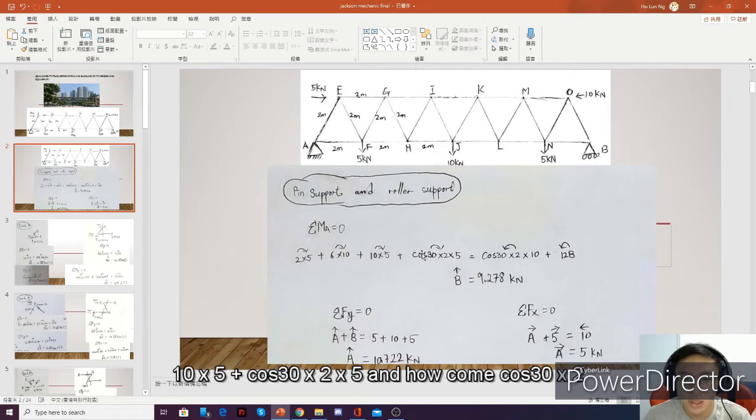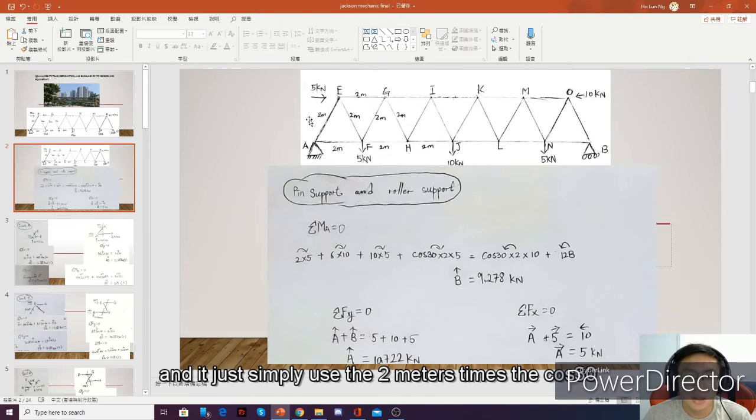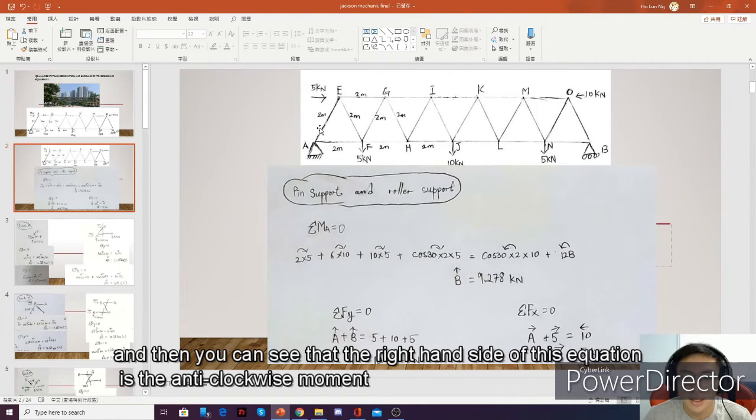How come cosine 30 times 2? This is the horizontal distance between the wind node and support A, and it's simply the 2 meters times cosine 30. How come 30? It's because of the right angle minus the 60 degrees, and it's 30 degrees here.